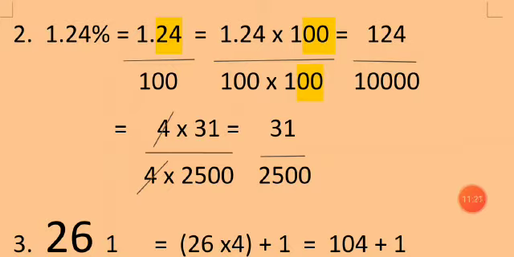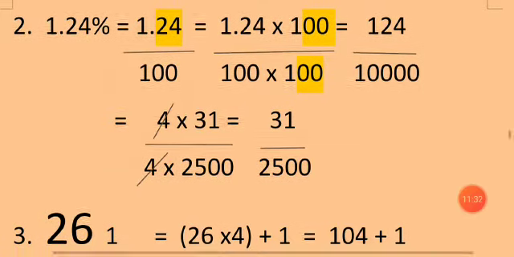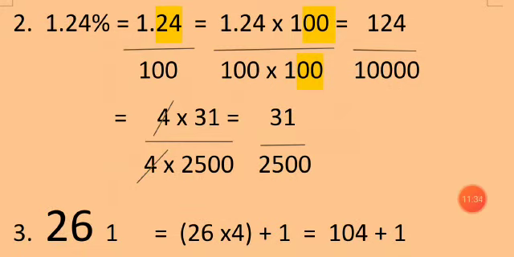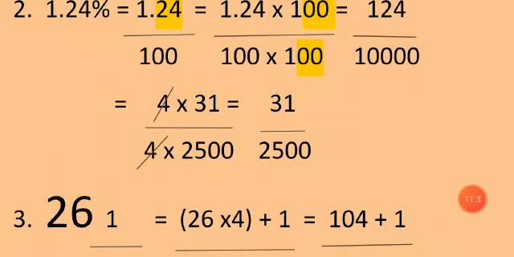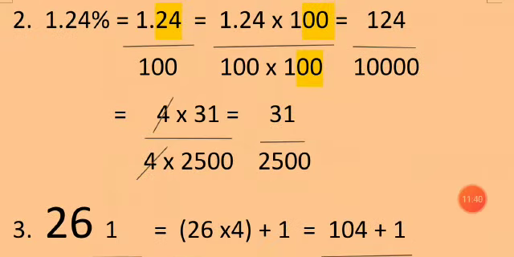Whatever you are doing to the numerator, you must also do to the denominator. If not, you will be changing the entire question. 1.24 times 100 is 124. 100 times 100 gives me 10,000. The highest common factor of 124 and 10,000 is 4.